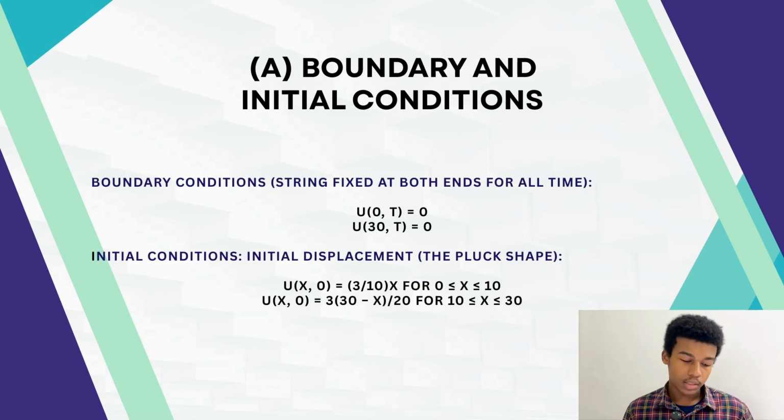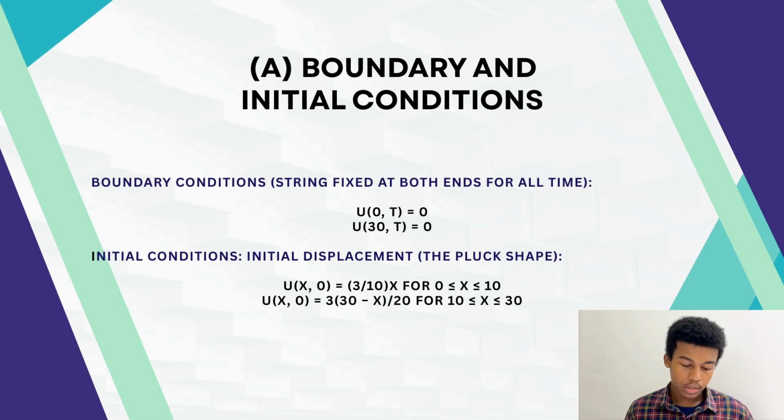Question 2, part A asks us to identify the boundary and the initial conditions. So in this case, the boundary condition is a string with fixed values at both ends for all time. So u(0,t) equals 0 and u(30,t) equals 0. The initial condition in this case is an initial displacement, like the plucked shape.